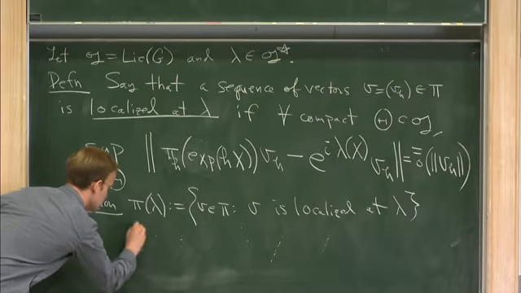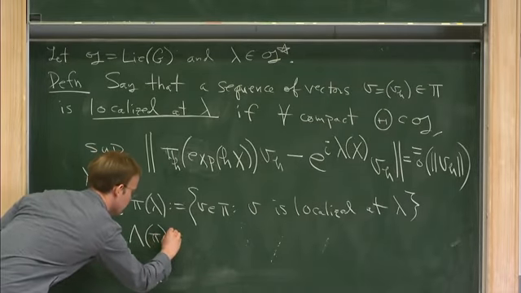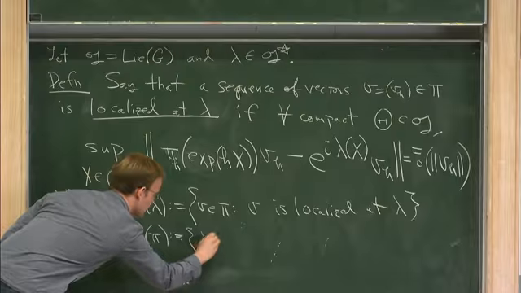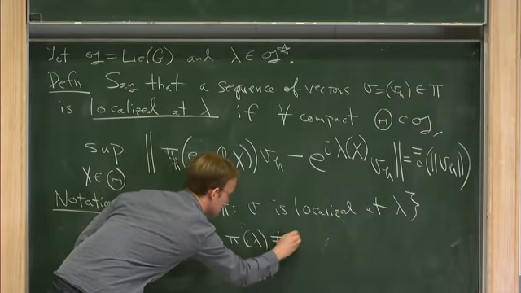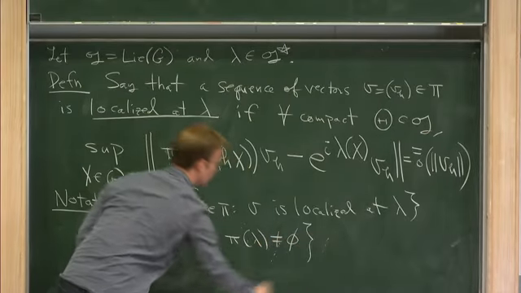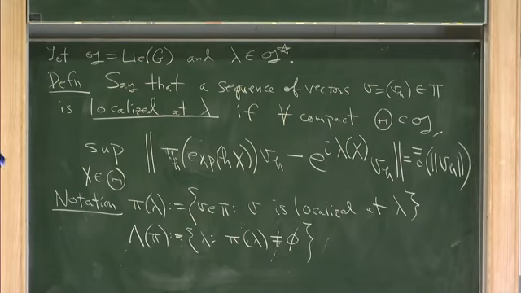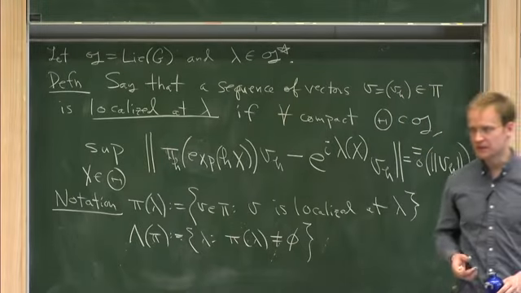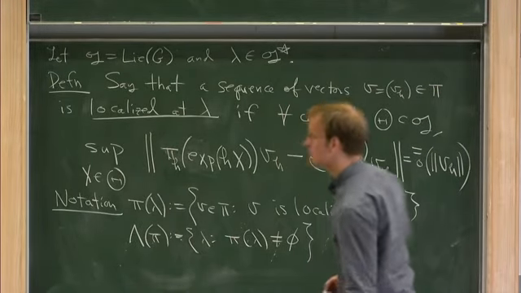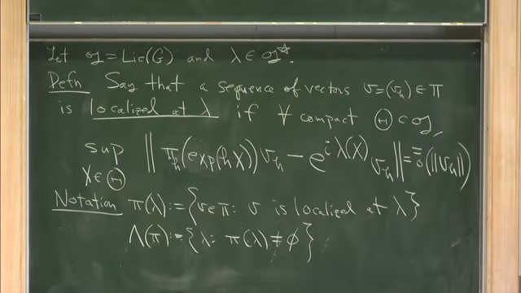And we'll write capital Λ(π) for the set of λ such that this space is non-empty. So Λ(π) is some subset of the dual of the Lie algebra. We should ask ourselves, how big is it? What does it roughly look like in some examples?